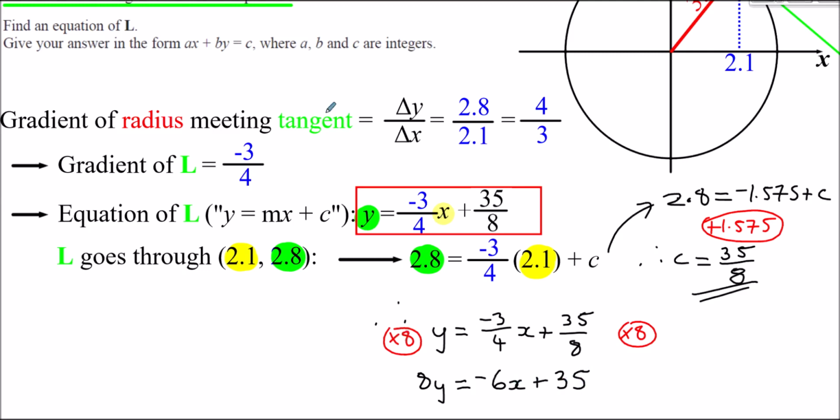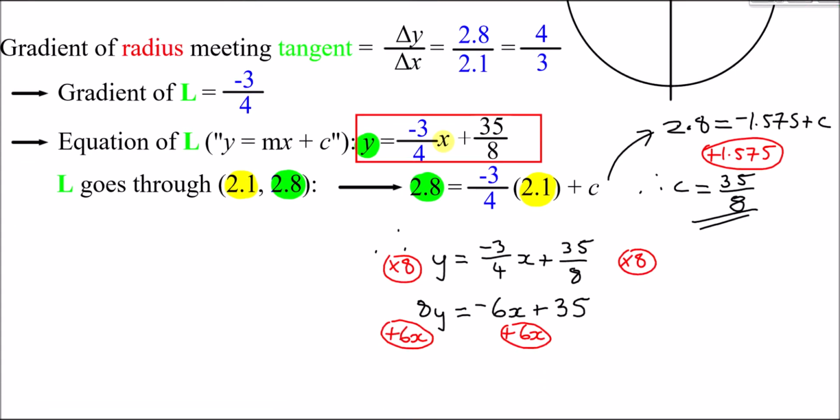Final step, I want the number on its own. I want all my x's and y's on the left-hand side. So I want to get that minus 6x to disappear from here. To undo minus 6x, I add 6x. If I do it on the right, I need to do it on the left. And that, therefore, will give me my answer in the correct form, and then we're done with the question, and therefore done with the entire paper.